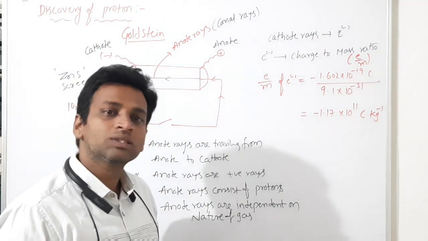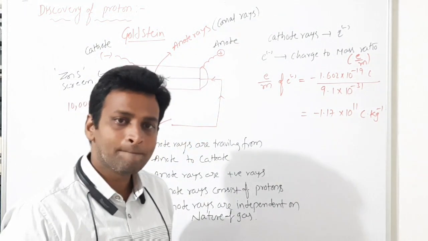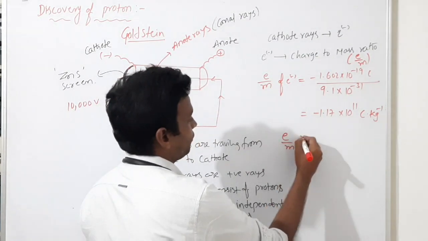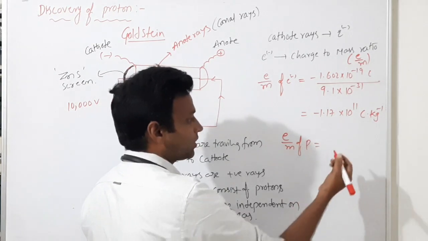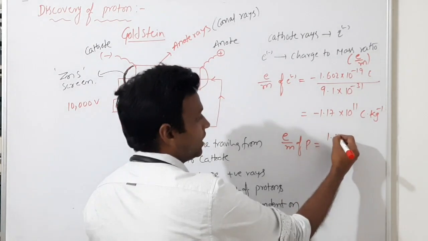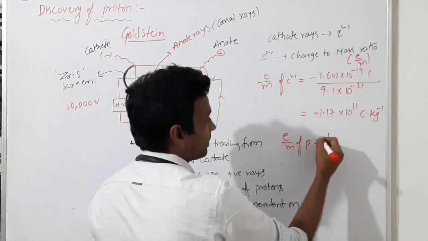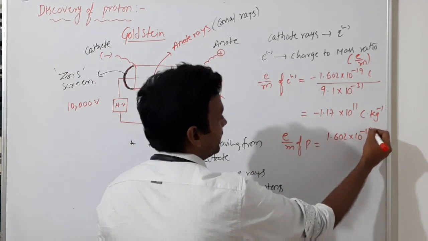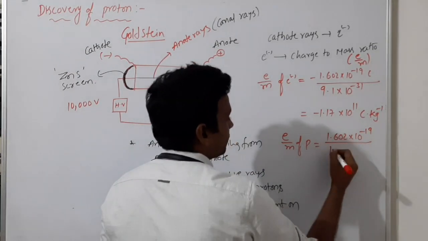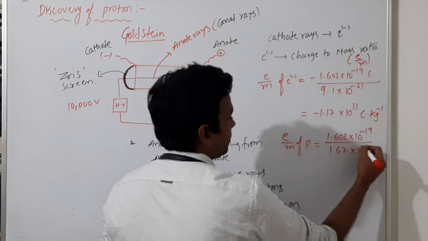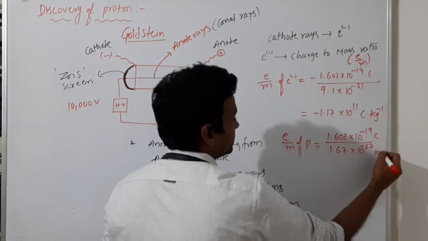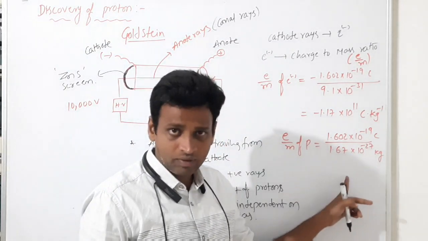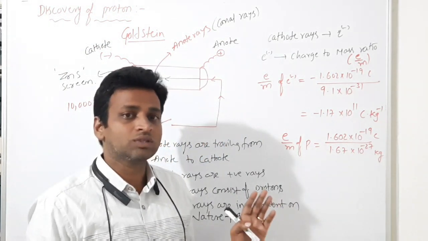Same way, the charge to mass ratio of the proton. What is E by M of the proton? Plus 1.602 into 10 power minus 19 coulombs divided by 1.67 into 10 power minus 27 kg. The E by M value is very important.